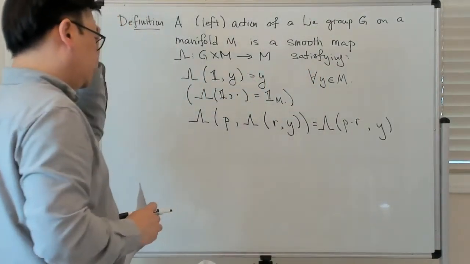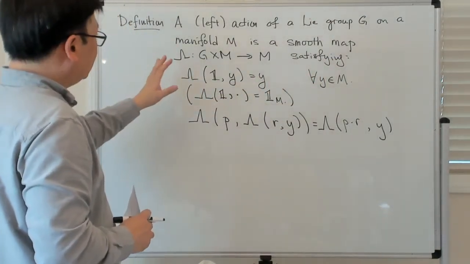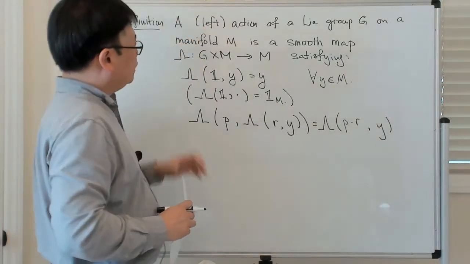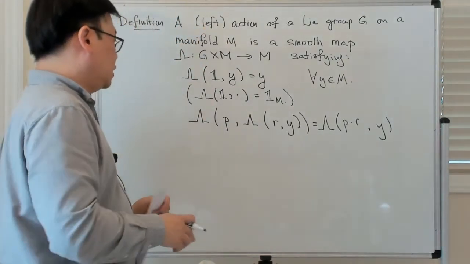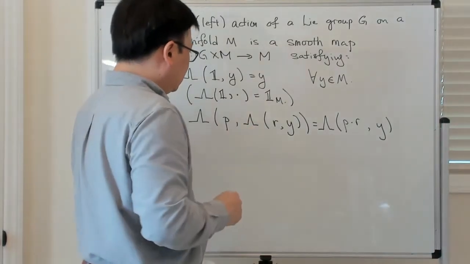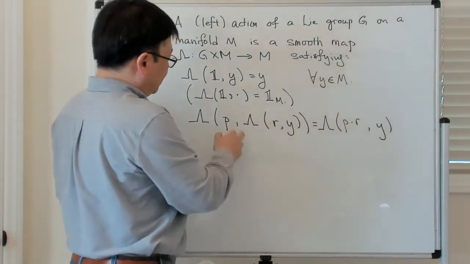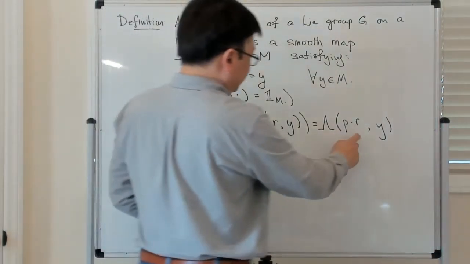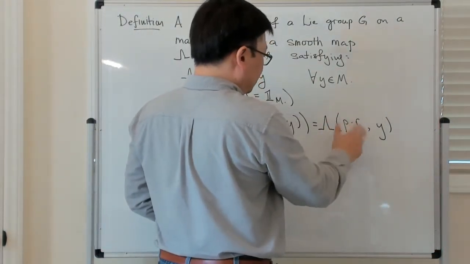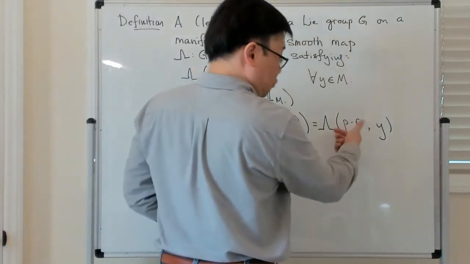Okay, and so this is the left action. If you had the right action of a Lie group on the manifold, then you would still have something which involves the composition of P and R, but the order would be reversed.